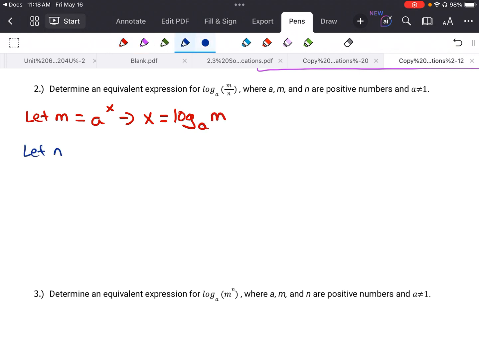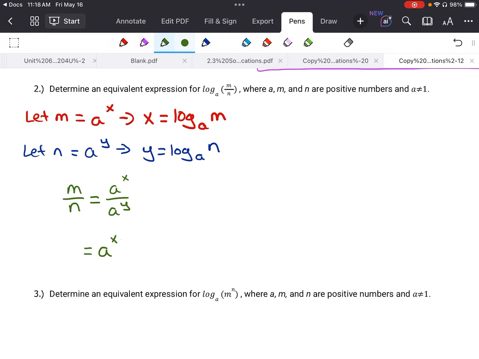Let n equal a to the power y, which translates to y equals log base a of n. And again, through our exponent law knowledge, we know that m divided by n will be a to the power x divided by a to the power y, which equals a to the power x take away y.